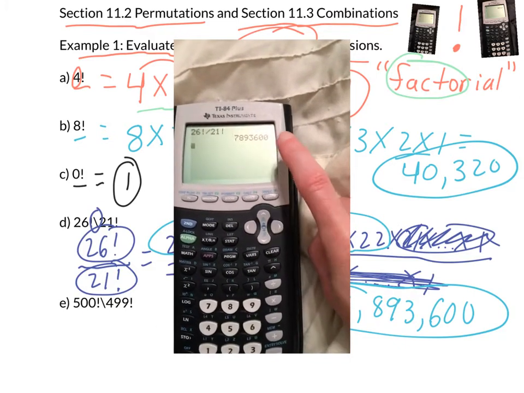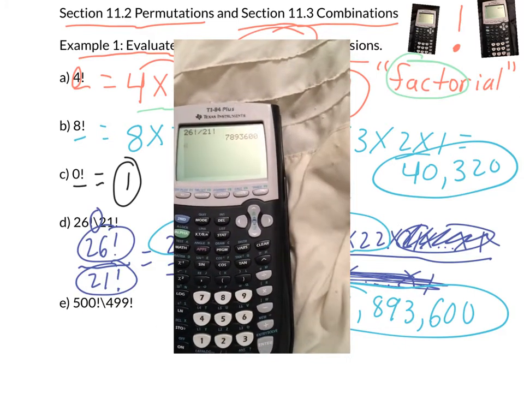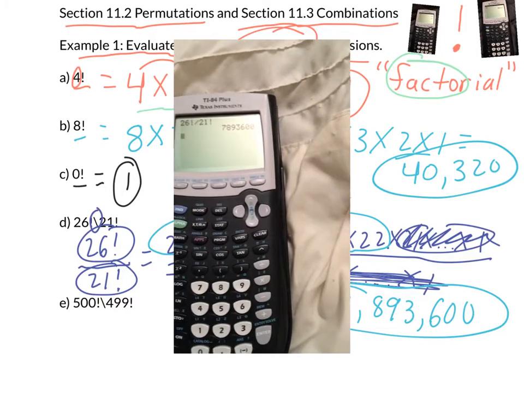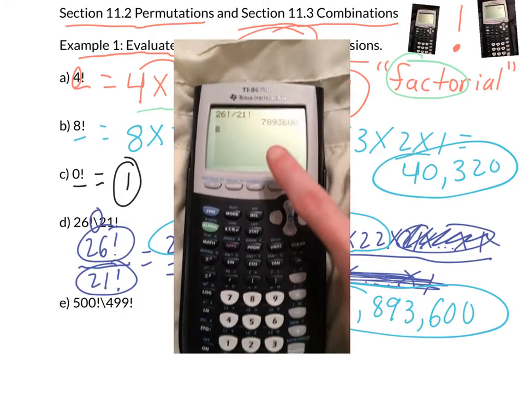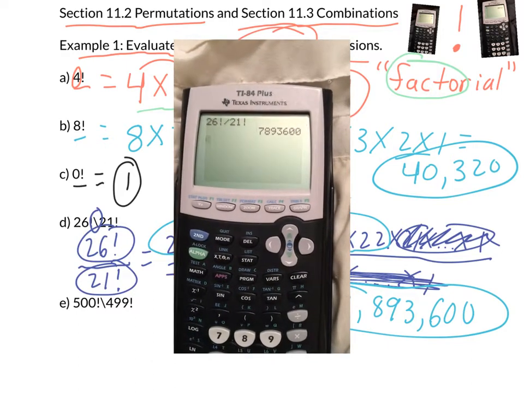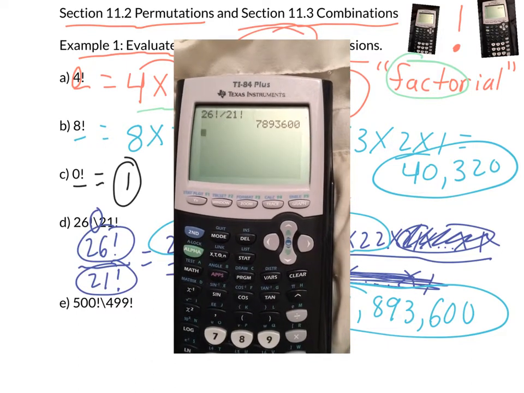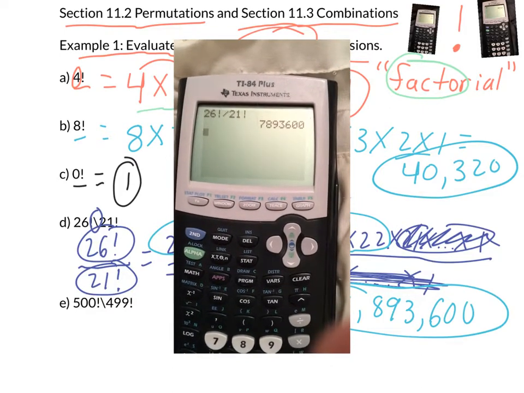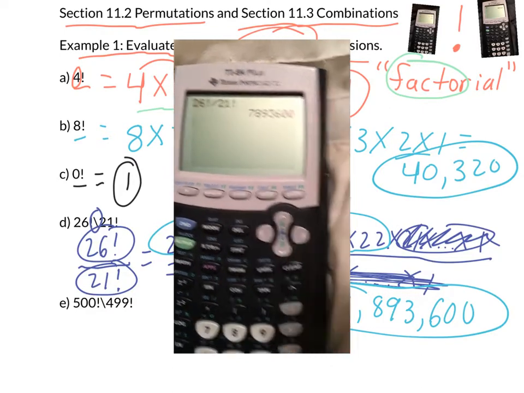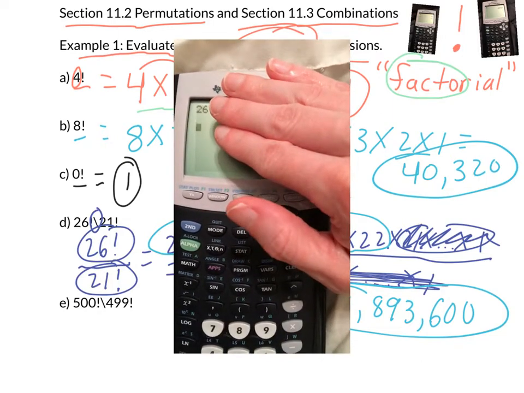So this is one where the calculator does cooperate, and we see the final answer is 7,893,600.